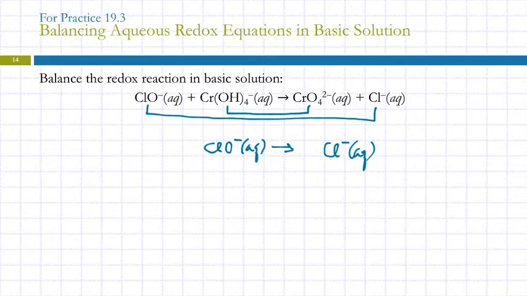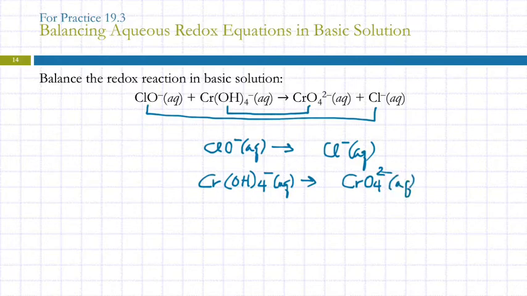So I've got that hypochlorite ion going to chloride ion, and then I've got this complex ion going to chromate.